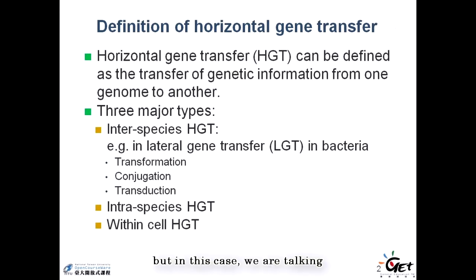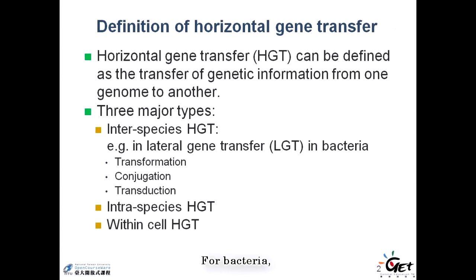But in this case, we will talk a little more about lateral gene transfer in bacterial genomes. And at the end of today's lecture, since right now we have a lot of information, although this is a very common phenomenon for bacteria, we can use a somewhat larger scale to examine HGT.